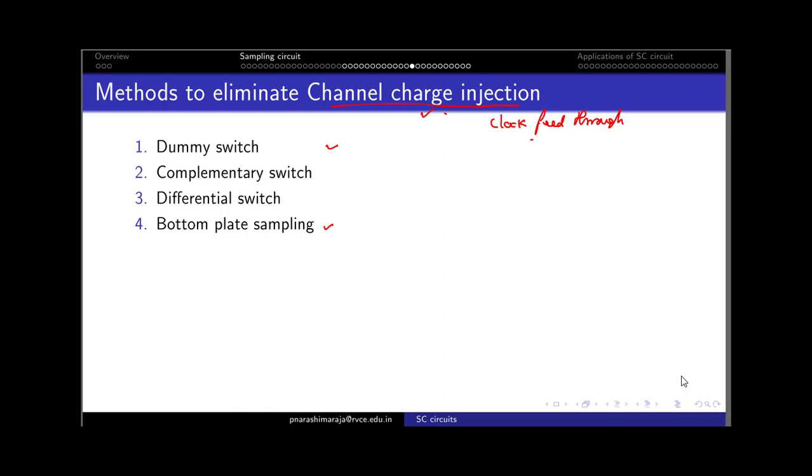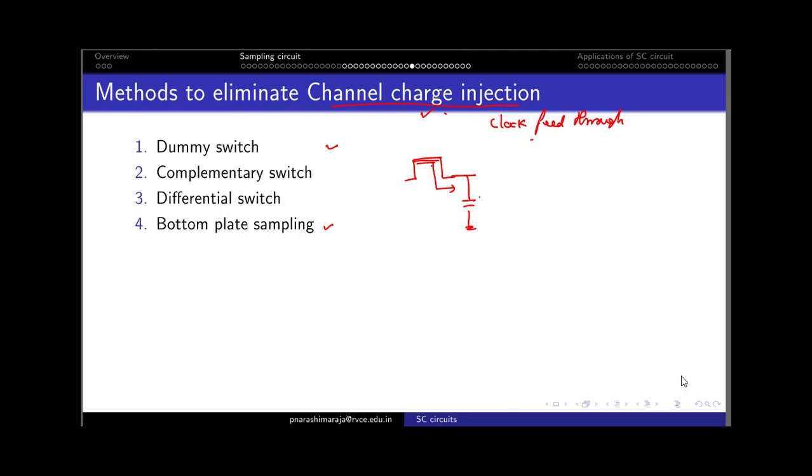This dummy switch relies on the idea that when we turn off the device, part of the channel charge will move towards the output and disturb the charges stored on this capacitor.